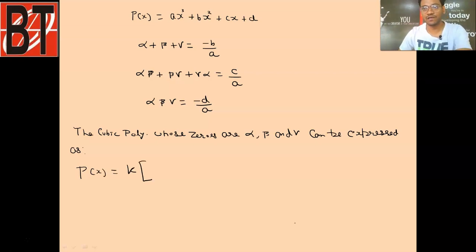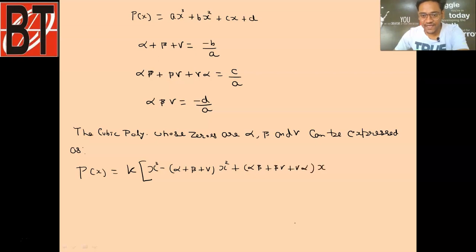Any real number k can be multiplied, as in the case of a quadratic polynomial. So k times x cube minus the sum of zeros, which is alpha plus beta plus gamma, times x square, plus alpha beta plus beta gamma plus gamma alpha times x, minus alpha beta gamma. Remember students, this is the expression for the cubic polynomial, zeros of which are alpha, beta and gamma.